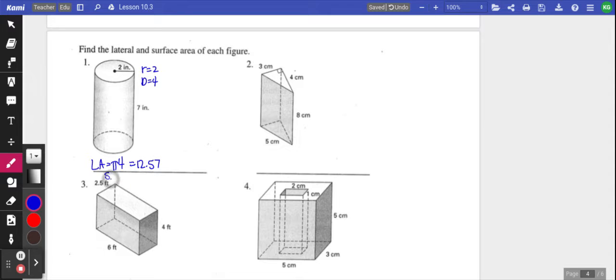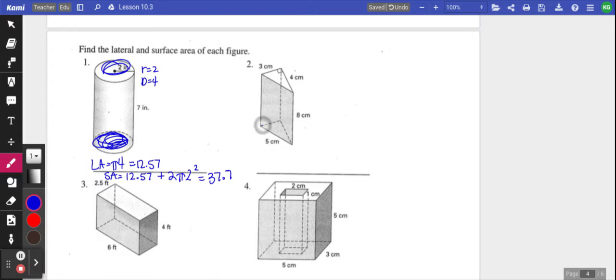And then for my surface area, I'm going to have my lateral area plus 2 bases, and these bases are circles, and so that is pi r squared plus 2 pi 4 for a total surface area of 37.7.